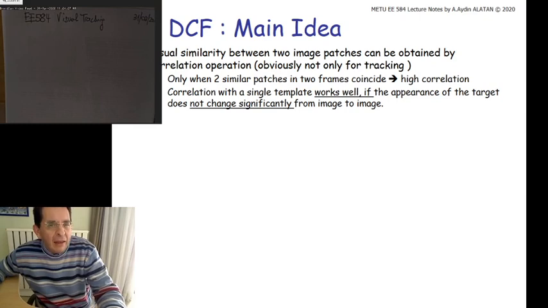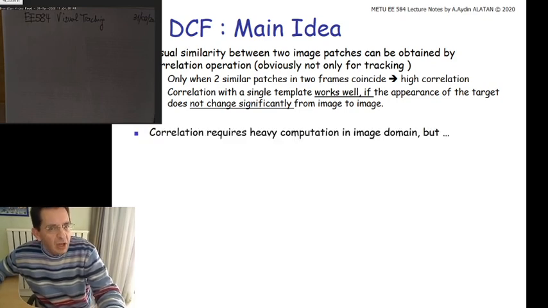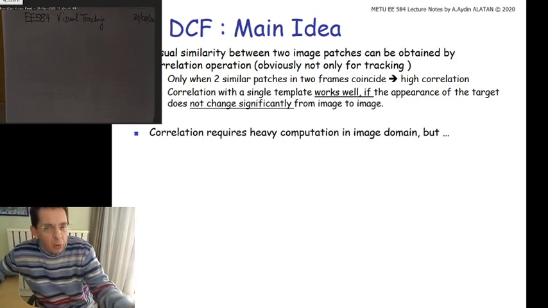And another thing is, it is a heavy computation. You are just shifting by one for an n by n template. There are n squared pixels. You take the differences or multiplications, you add them up, you obtain a single value. You shift by one, you do it again.